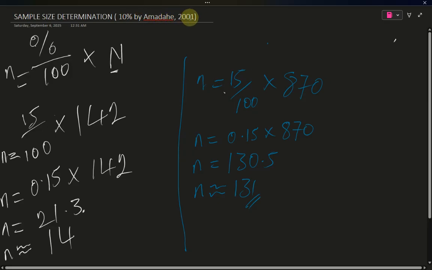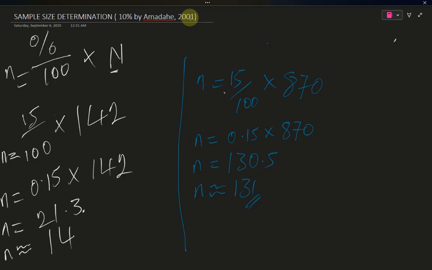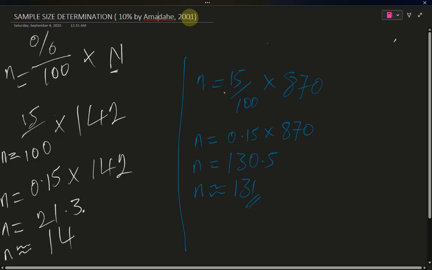So first of all, we are going to look at determining the sample size using the Krejcie and Morgan table, and then we are going to look at it using the percentage way of calculating it.